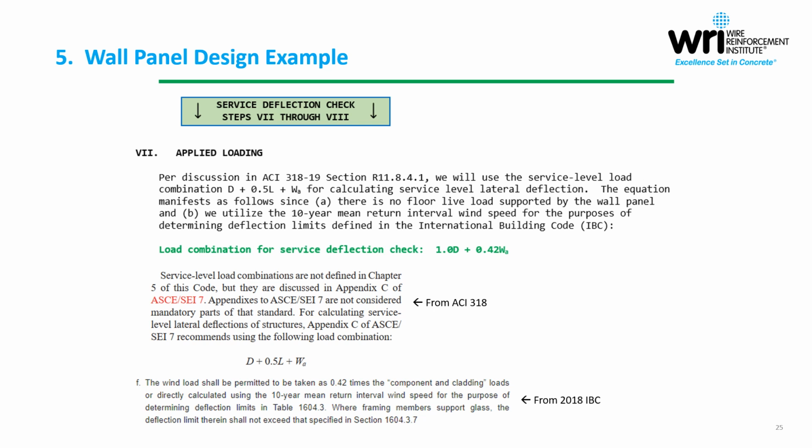Note that the reference load combination we are using actually simplifies to 1.0 dead plus 0.42 wind. It's because there is no floor live load case, so that drops off given we obviously don't have any floor loading here. So the takeaway in this step is establishing our load combination for service deflection check as 1.0 dead plus 0.42 wind.